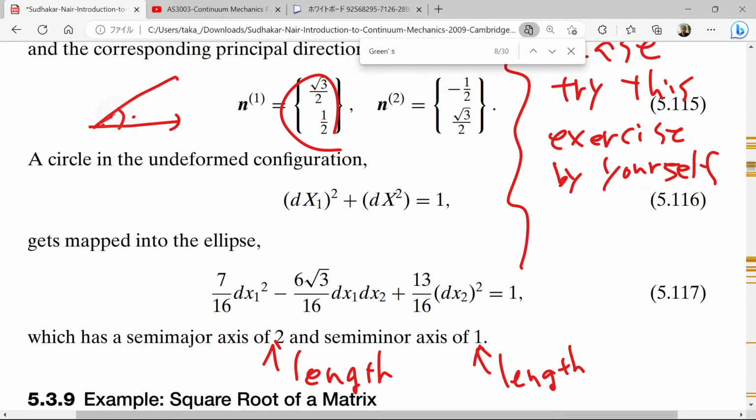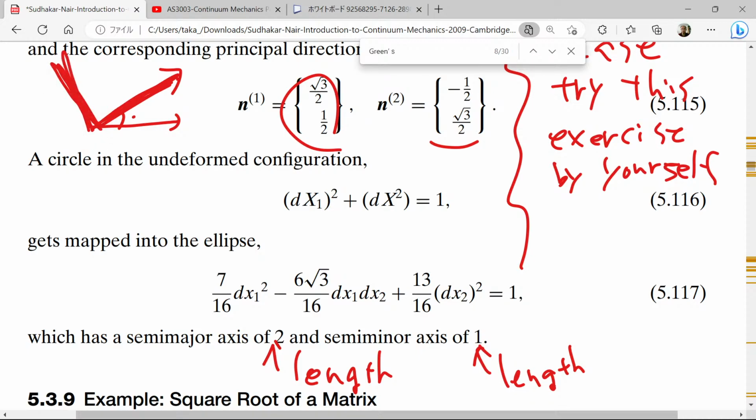This is 30 degrees. This axis. Then this guy, if you have 1/2, this guy, this way.